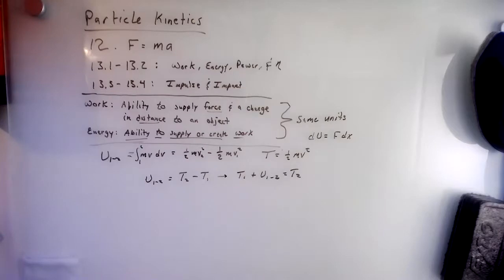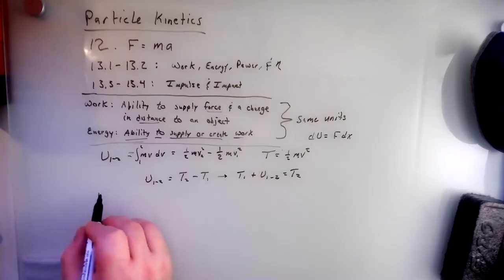Okay, so I don't want to go too much further with this. Let me check my notes, to make sure there's nothing else that I wanted to cover. Oh, right, power and efficiency. So power, let's add that.